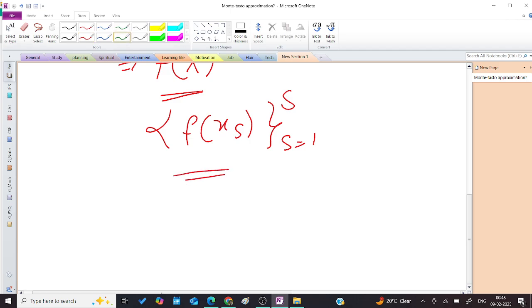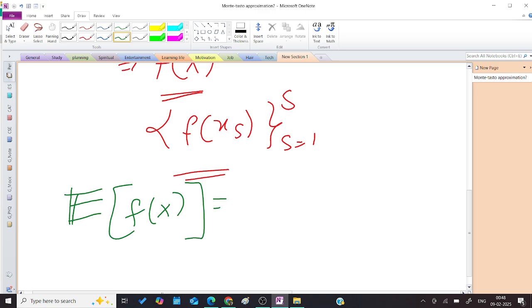So according to this method, suppose we want to find the expectation of f(x). We can do this using this formula.